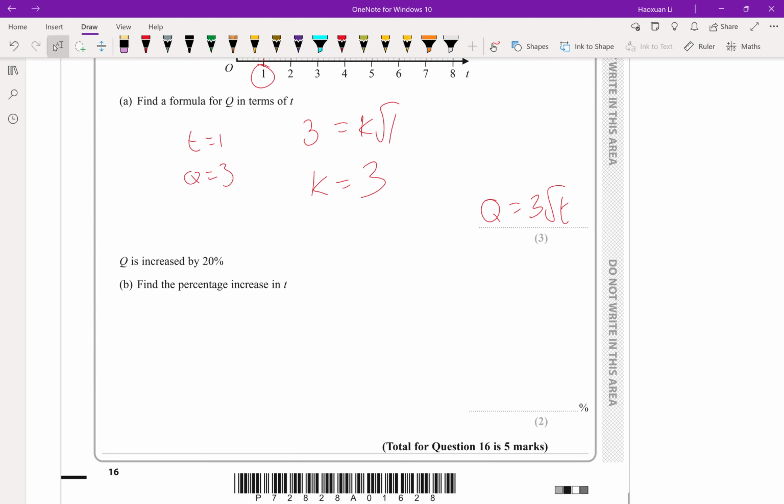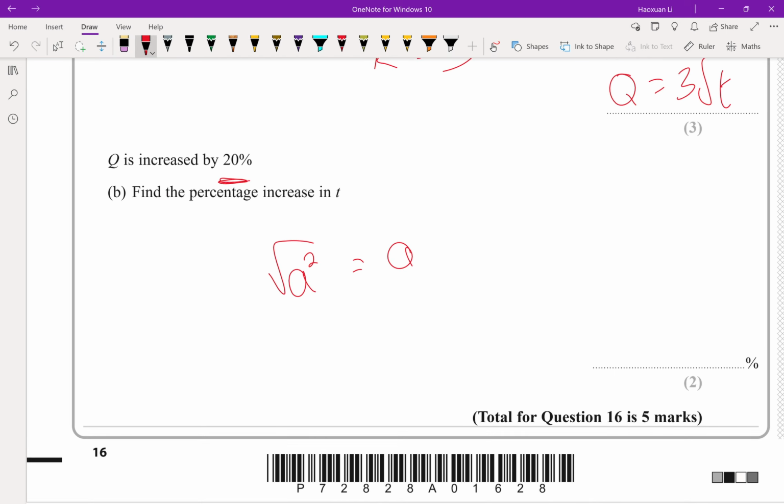Q is increased by 20%. Find the percentage increase in t. Always bear in mind that if you multiply by 1.2 and want the same outcome when taken out of the square root, you have to make it squared. Because if you want to multiply the number by a overall, but it's expressed as a square root, a square root of a squared will be equal to a.